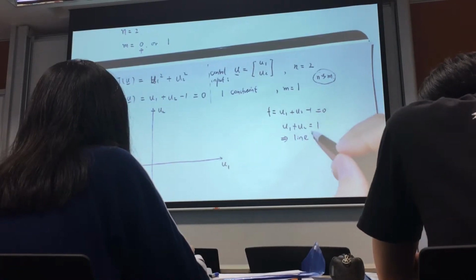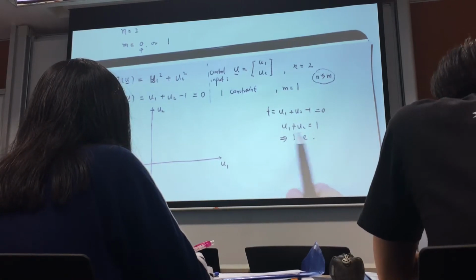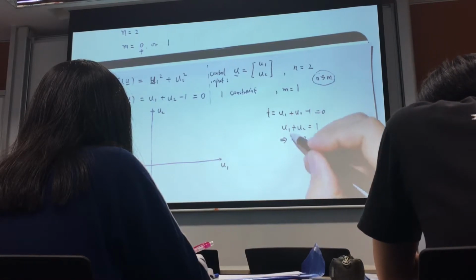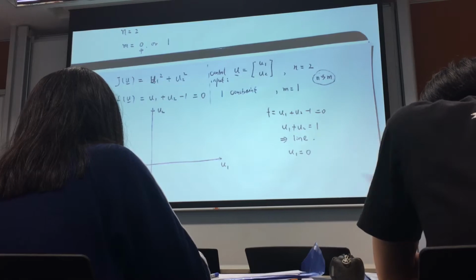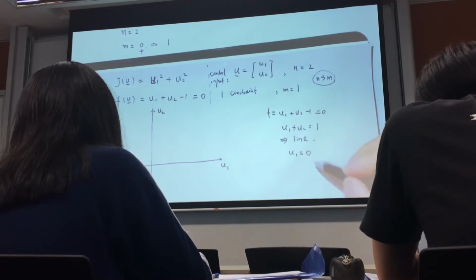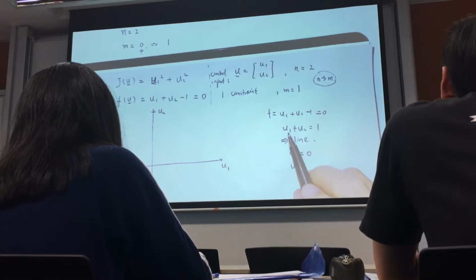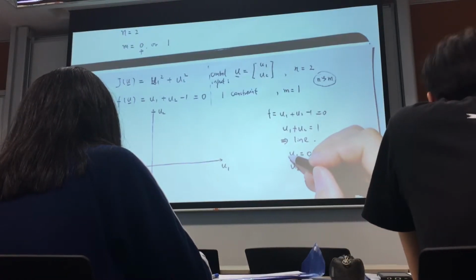For a line, we can determine it by any two points. For example, we set U1 equal to 0. Then I can determine U2 equal to 1 minus 0, which is equal to 1.